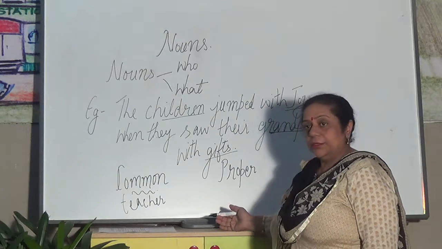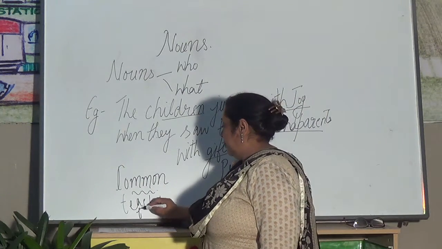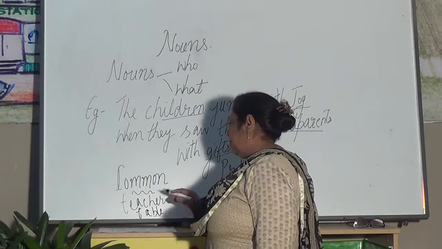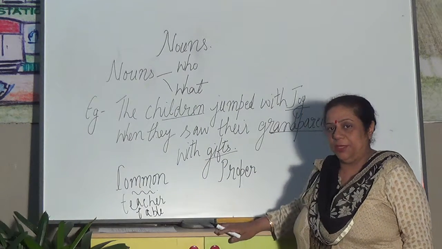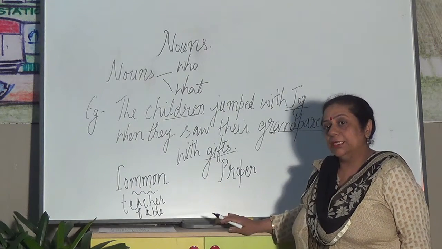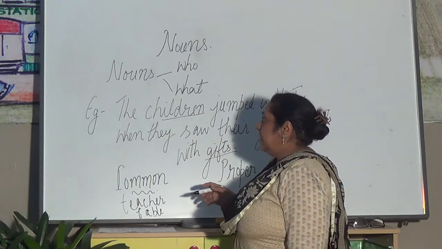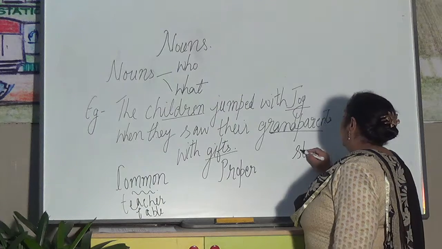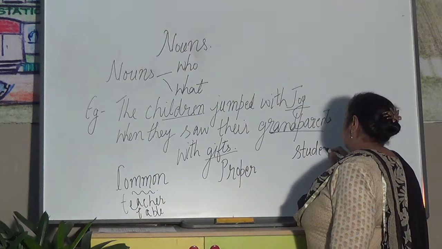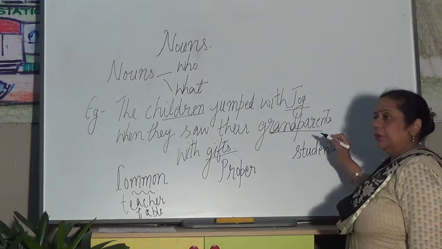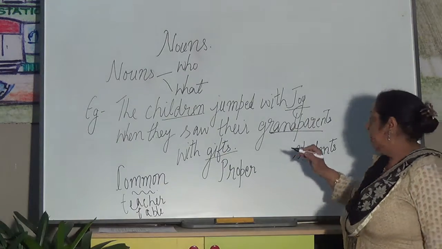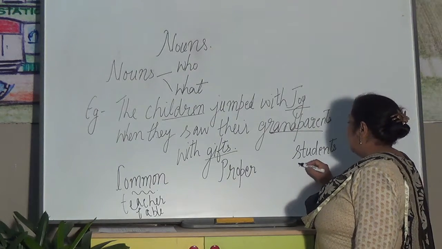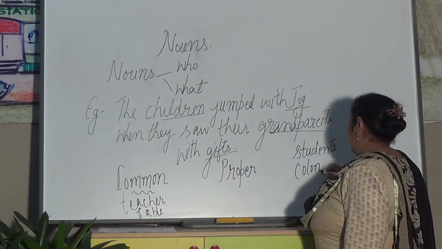This is a table, a place where we keep things is commonly known as a table. Then there are other things around us, like all of you are students. We all live in particular areas, like the name of a colony.